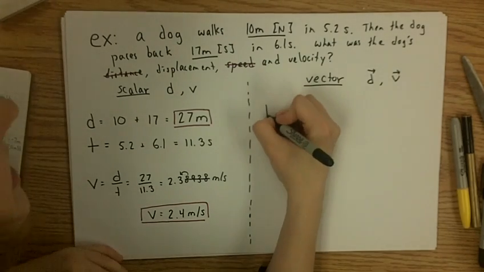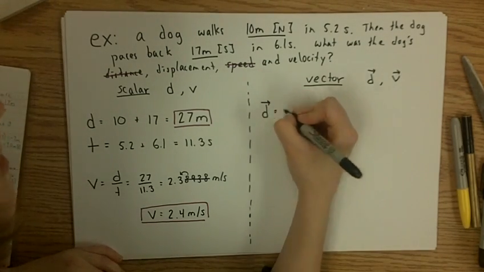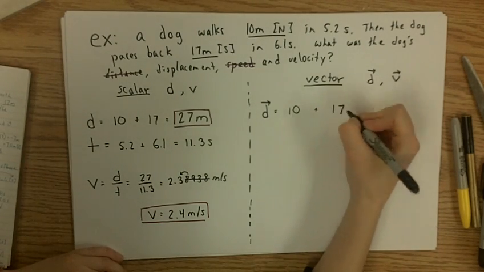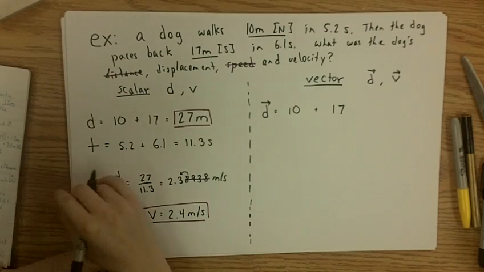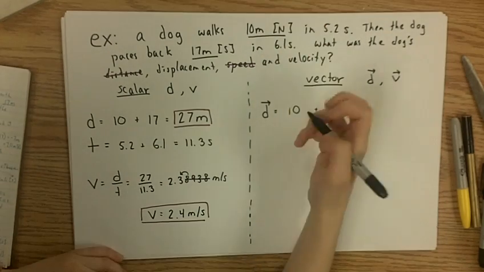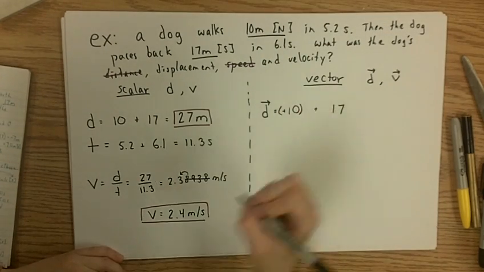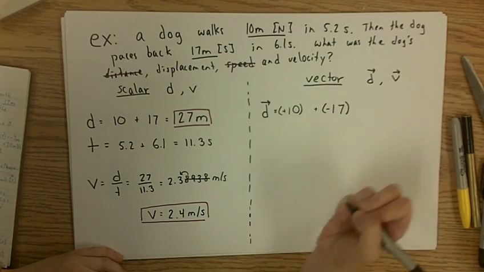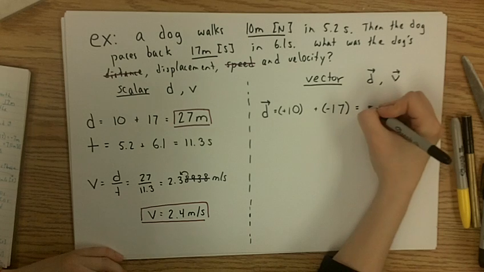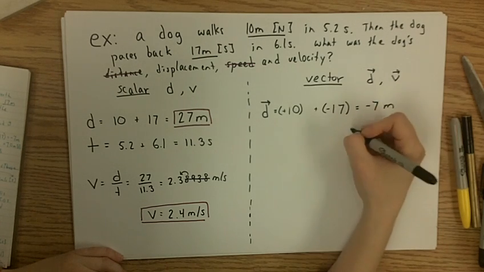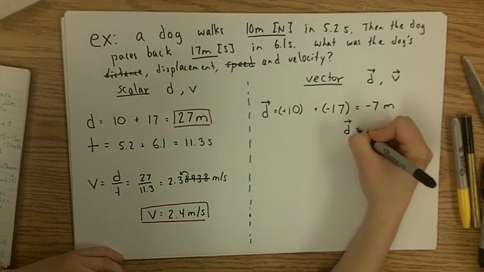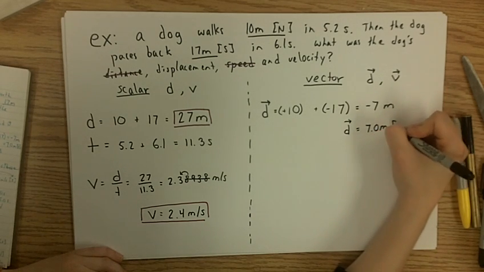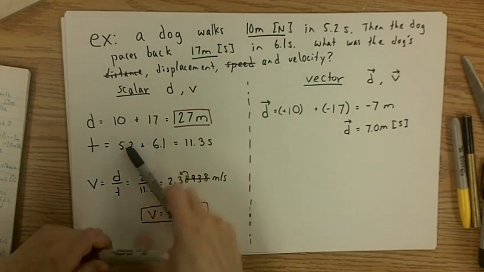For the vectors, I find displacement by combining the 10 and the 17 again, but this time I take their directions into account. The north on the 10 gives me a plus 10. The south on the 17 gives me a minus 17. This gives me negative 7 meters, or a displacement, converting the negative back into a direction, of 7.0 meters south.